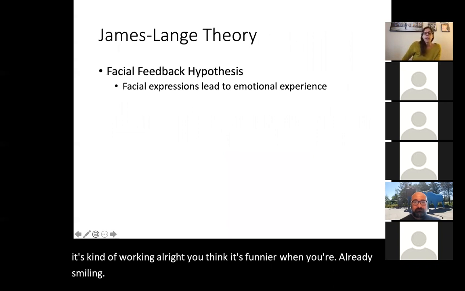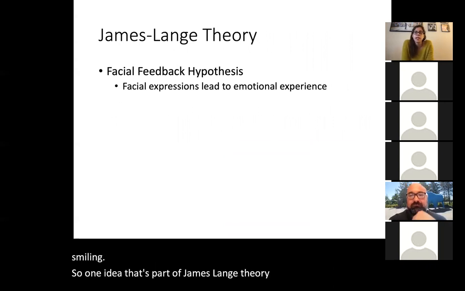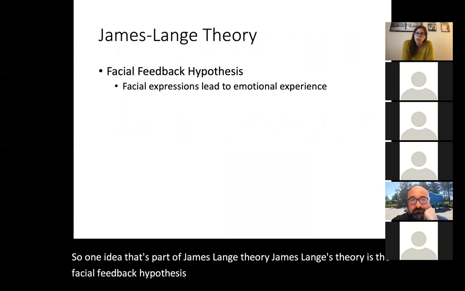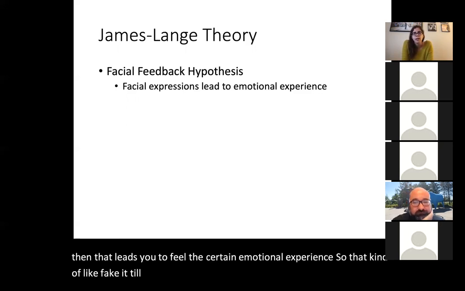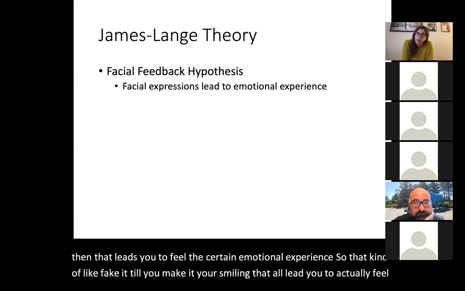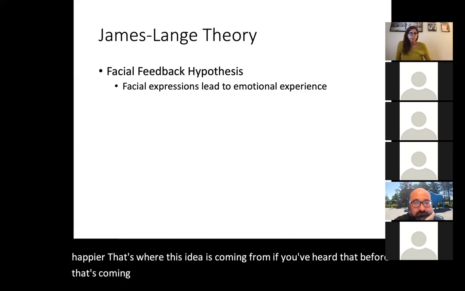So one idea that's part of James Lange's theory is the facial feedback hypothesis. When you have a certain facial expression, that leads you to feel a certain emotional experience. So it's like fake it till you make it: if you're smiling, that'll lead you to actually feel happier. That's where this idea is coming from. If you've heard that before, it's coming from this James Lange theory. Okay.